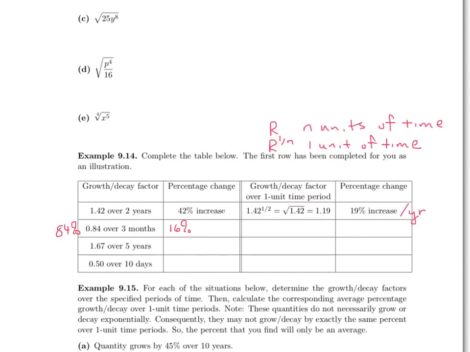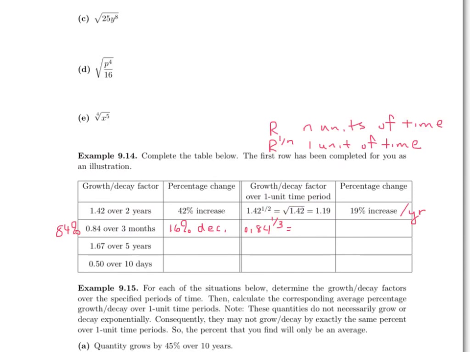So we've got a 16% decrease over these 3 months. Now let's calculate the decay factor over a 1-month period. We take our 0.84 and we raise it to the 1/3 power, because the 0.84 was the factor over 3 months. So to go to 1 month, we raise to the 1/3 power.